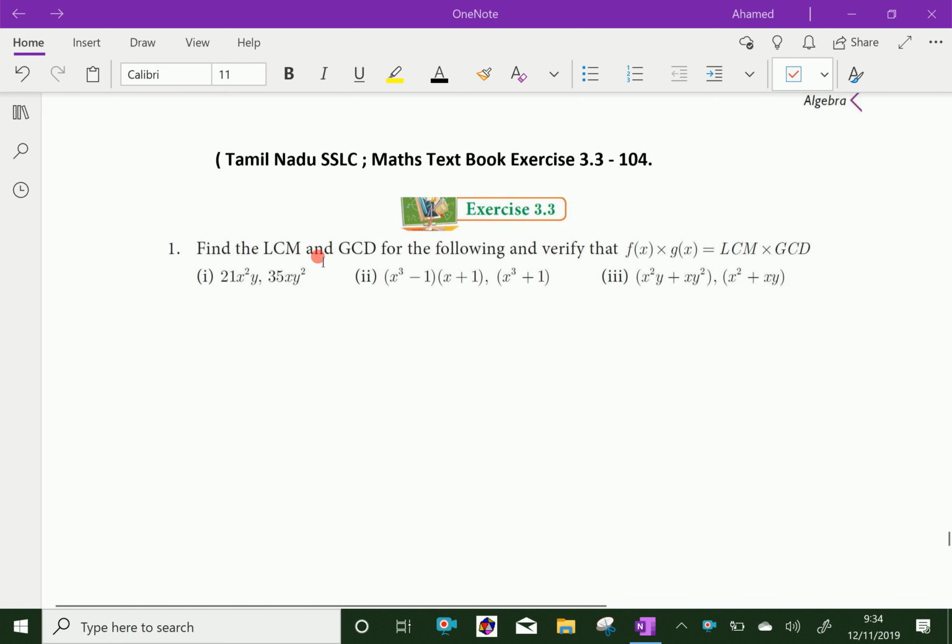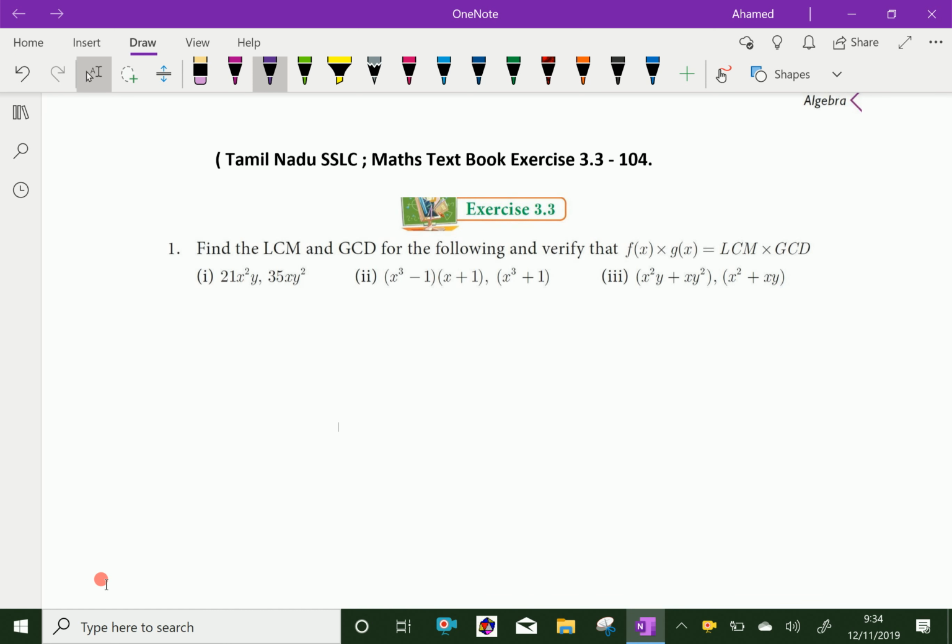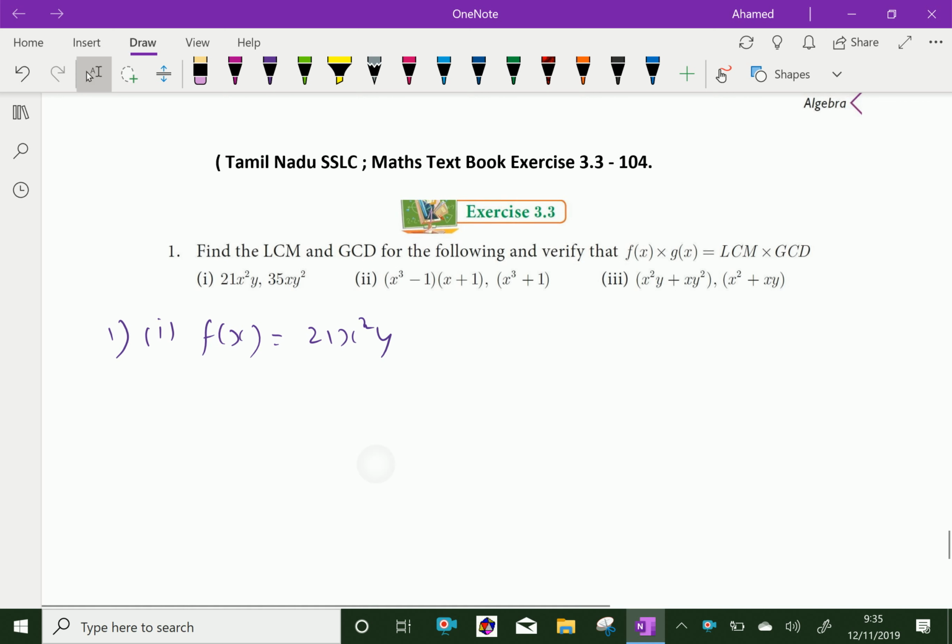Find the LCM and GCD for the following and verify that f of x into g of x equals LCM into GCD. Now, first question: let f of x equal 21 x square y and g of x equal 35 x y square.